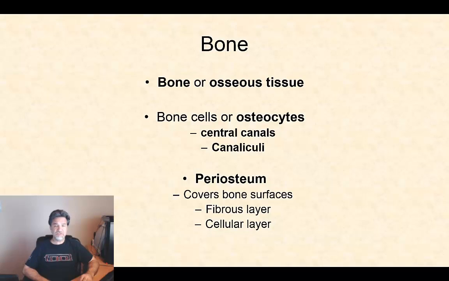Osteocytes will be found surrounding a central canal in the bone where blood vessels and nerves propagate, as well as the cellular processes of osteocytes being found in little canals within the bone called canaliculi. These canaliculi provide a connection from one osteocyte in bone to another osteocyte.